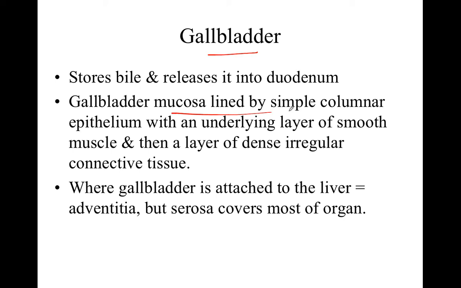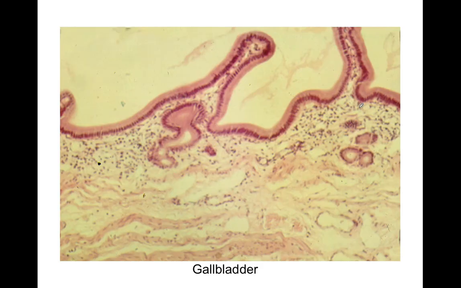The mucosa is lined by simple columnar epithelium, and the layer just below it, the lamina propria, is usually fused, and we cannot separate it from the underlying layer of the submucosa, which is dense irregular connective tissue. Beneath these two layers, we have an area of smooth muscles, and as I said, finally we have the serosa.